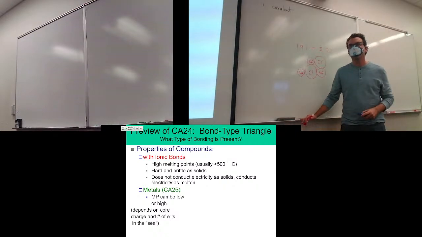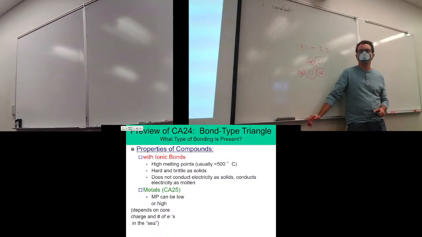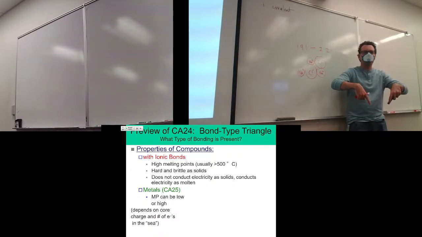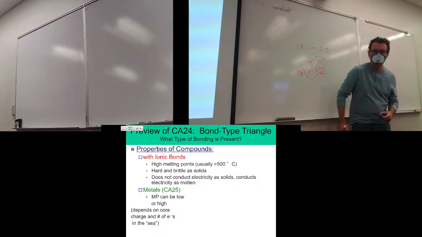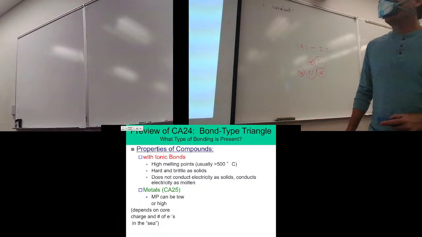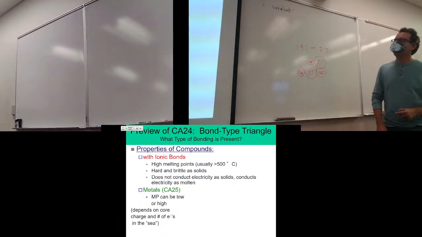In fact, I think that's still how they generate chlorine gas: they melt salt, stick electrodes into it, and run a voltage, which causes the chloride to turn back into chlorine gas. And they get sodium out of it too. So, ionic bonds have those properties.